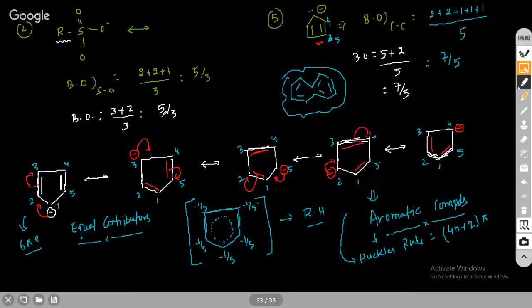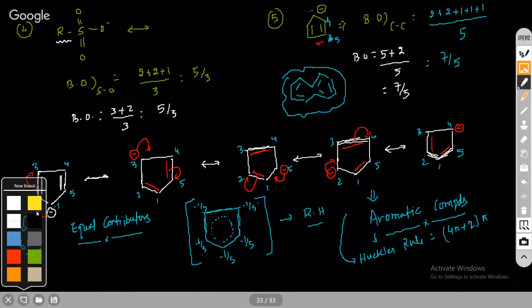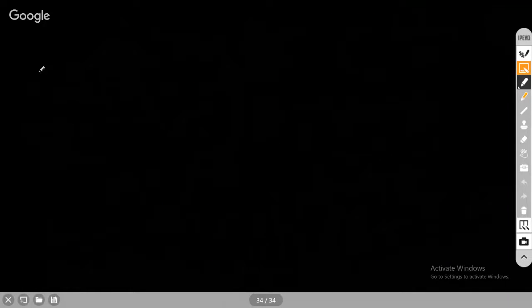Okay, so now I'll give you some questions on the same concept. You have to find out the bond order quickly. Let's write down the questions here. Cl double bond O, double bond O, double bond O, and O minus. Phosphorus double bond O, O minus, and O minus.